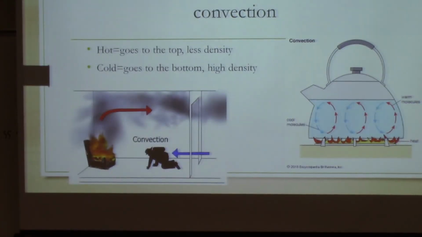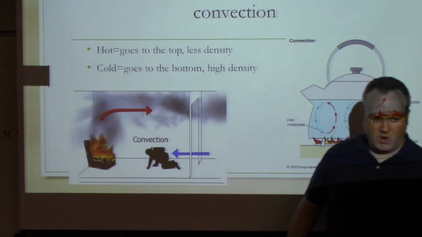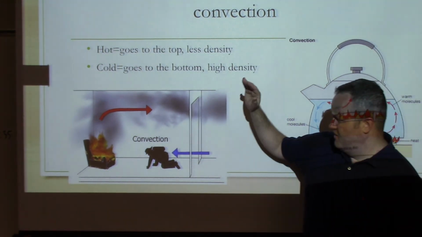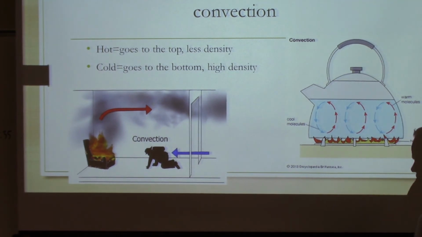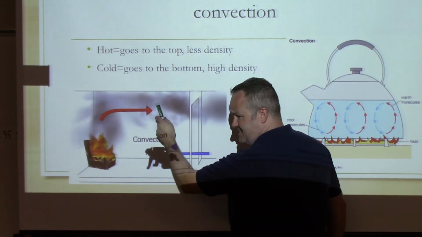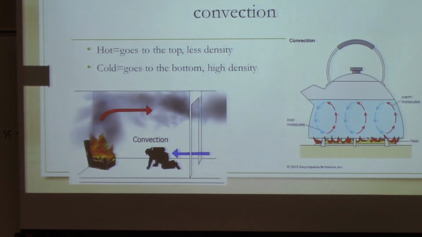All right. So again, convection. This is a great illustration. This is why, if you're in a burning building, the air in the top part is going to be really hot. Because remember, those warmer particles move up because they have less density. The colder particles move down because they have a greater density.